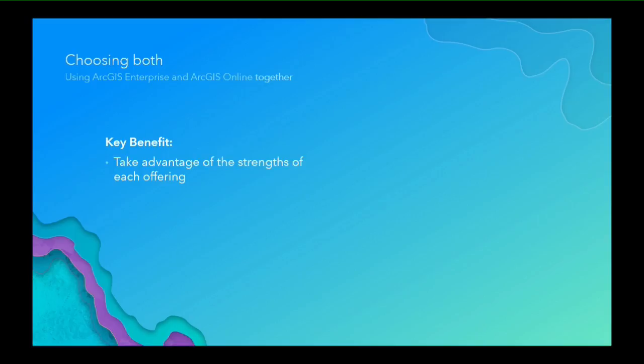But that said, if both columns seemed pretty appealing, you really like that massive scalability online, but you acknowledge there are some needs that you have that keep you in the enterprise column, you absolutely can choose both. And the key advantage to this is that you get the strength of both. You get the massive scalability, the ability for online to be this really resilient system that you can have for your public users.